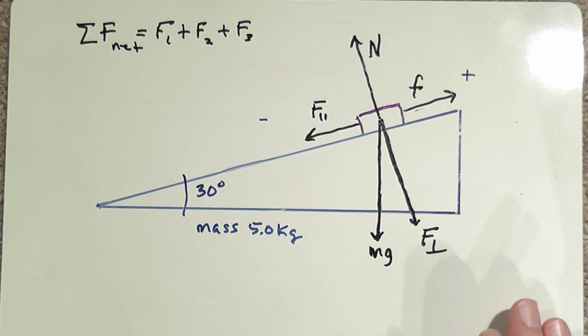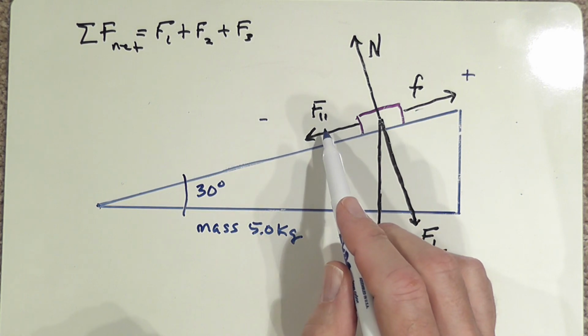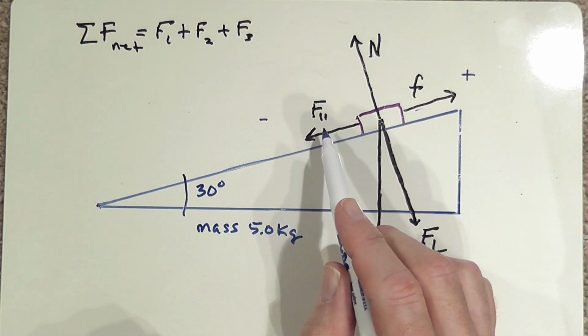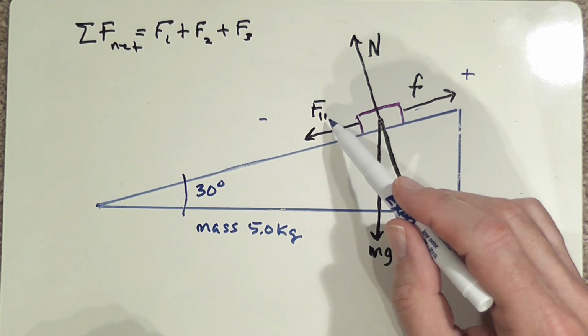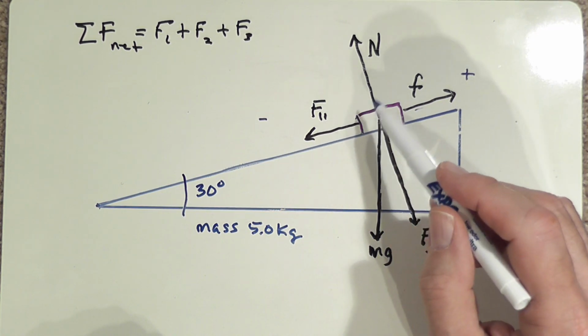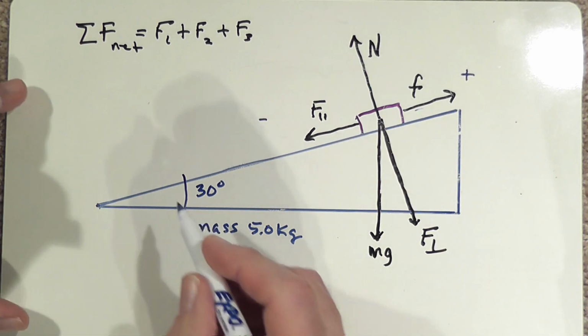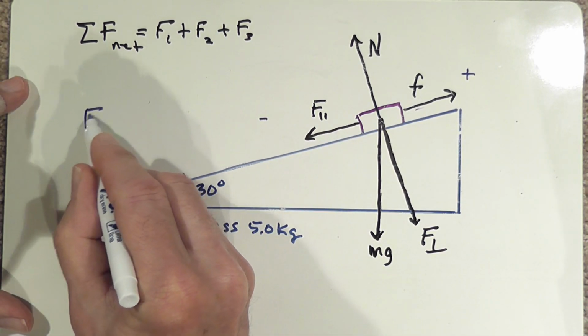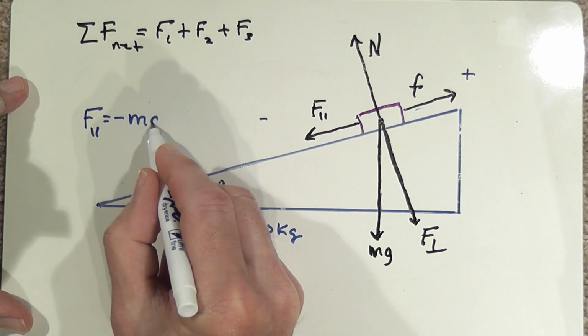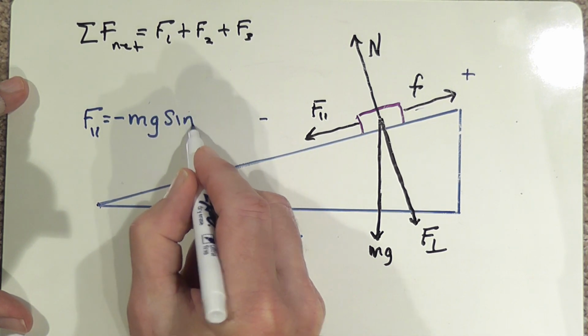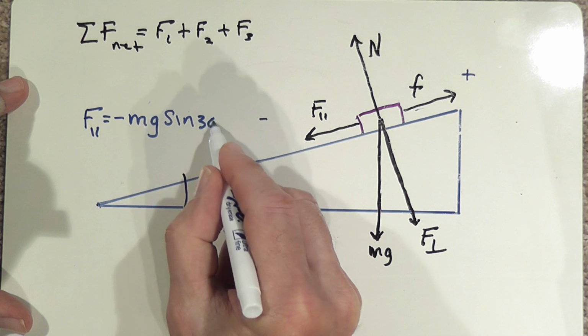So let's look at how to solve a problem like this. First of all, we need to really just concern ourselves with the parallel force if there's no friction. So the parallel force is equal to negative mg sine 30 degrees.